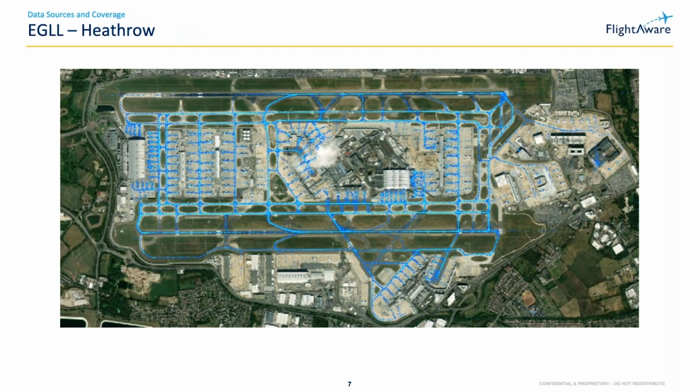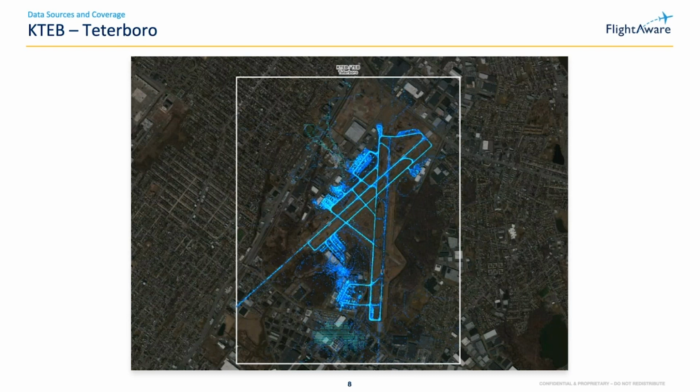Our ADS-B team works with airports to place multiple ADS-B receivers so that we can see into all the little nooks and crannies of the airport, such as gates, cargo loading areas, maintenance areas. This is a one-week heat map, again, of London Heathrow. In the next slide, we'll show you an example of Teterboro. Much of the audience here today will be happy to see that we have surface movement data flowing into your internet traffic feature at many of the GA airports that you fly into, which should prove very useful for you guys.